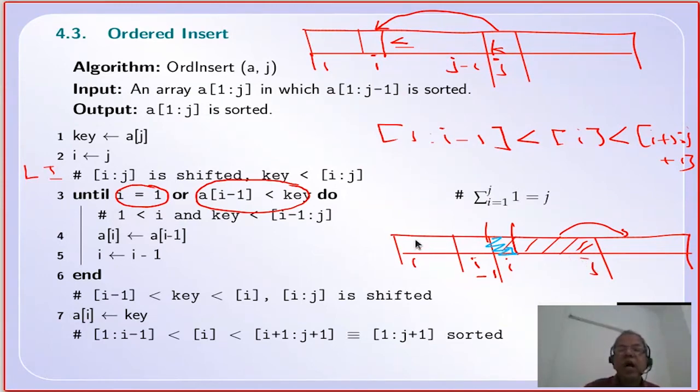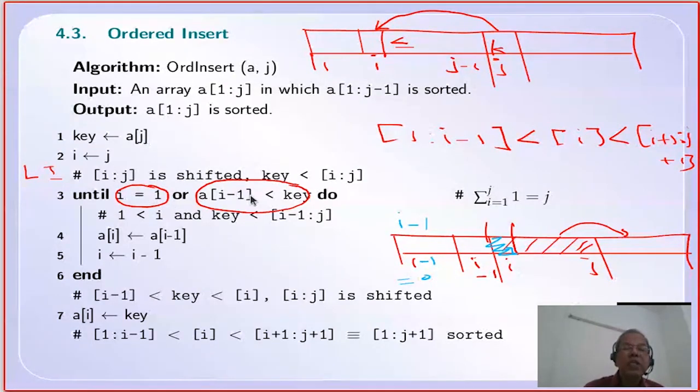Suppose i is equal to 1. That is 1 to j has been shifted to 2 to j plus 1. Now you should not test whether item i minus 1 is less than the key, because there is no item i minus 1. Since i is equal to 1, i minus 1 will be 1 minus 1, which is equal to 0. There is no 0th item here. I am assuming all my arrays are 1 to n. Again, this is important. This is a compound condition.